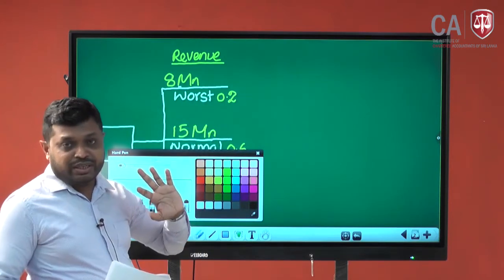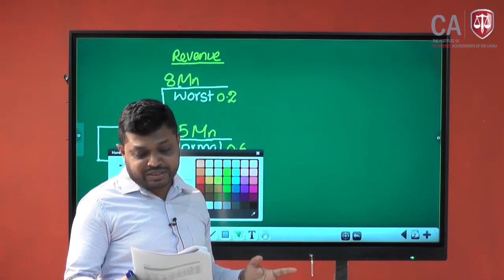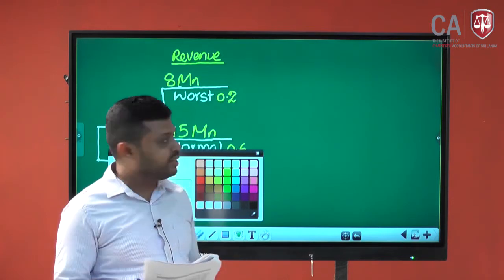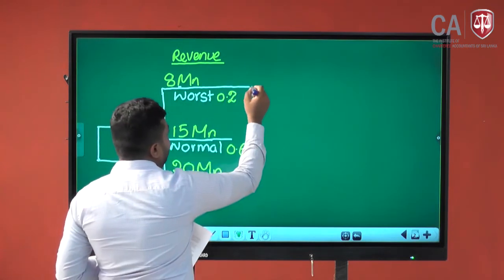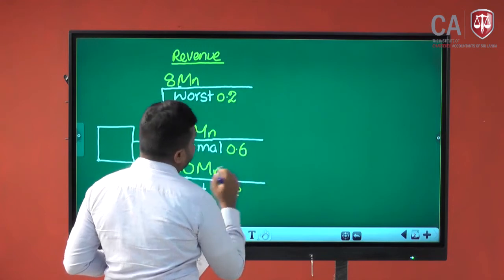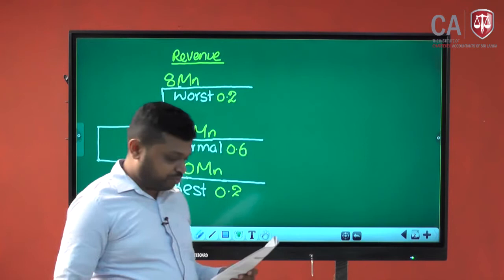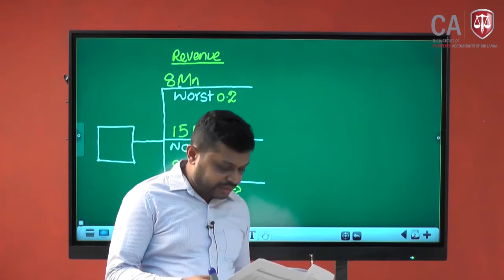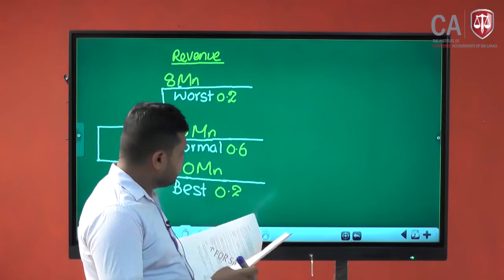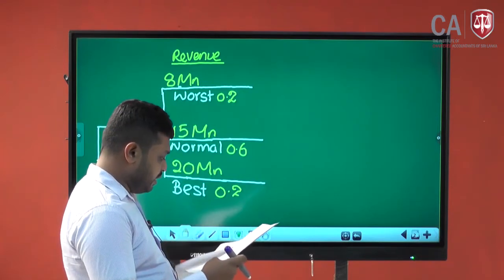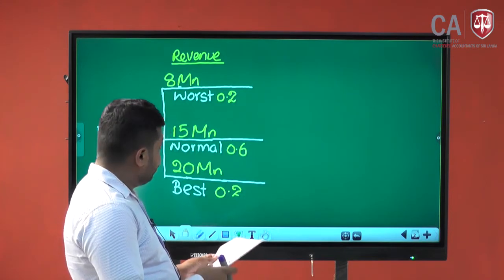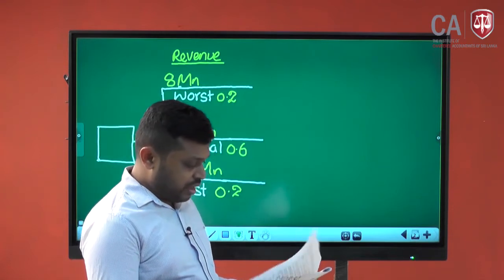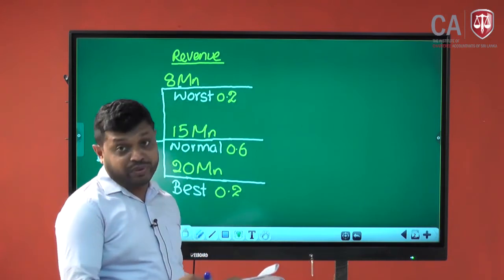But the variable cost can be either 65%, no impact, or reduced to 50%. Therefore, now there is an option you have to calculate, you have to look at variable cost. In the worst case scenario, where revenue will be 8 million, the variable cost can be either 60% or reduced by 50%.